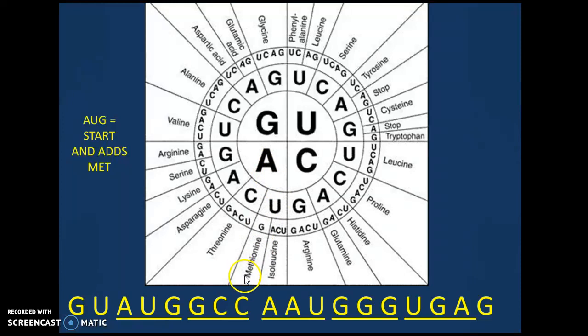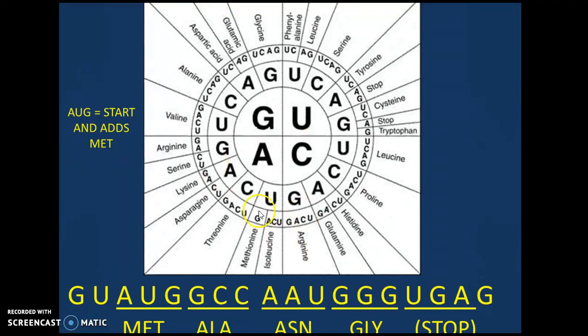What I'd like you to do is to figure out what each of these other codons codes for. So pause the video and then take your time, use this genetic code or the one that you have, and figure out what each of these codons code for. Then start the video again, and we'll run through the process of looking at those and making sure that you got them correct.